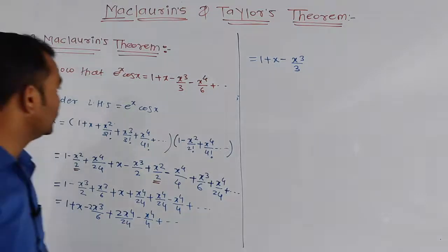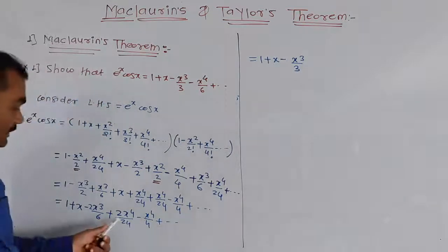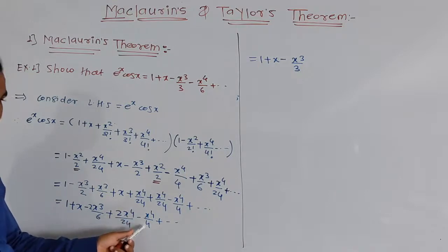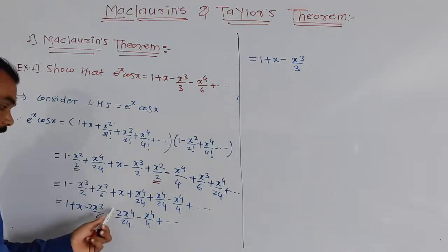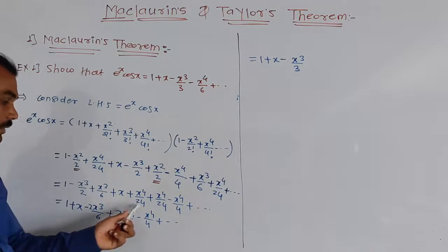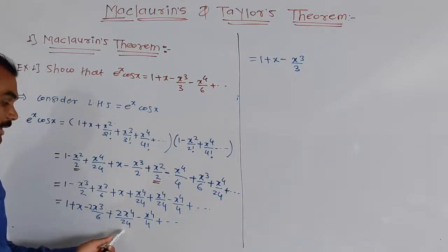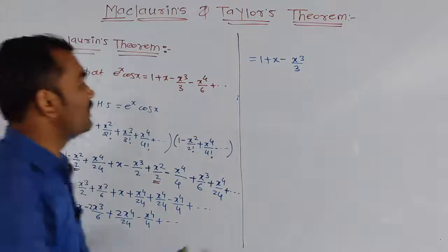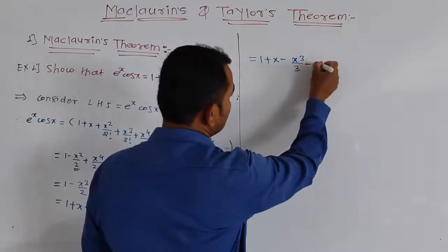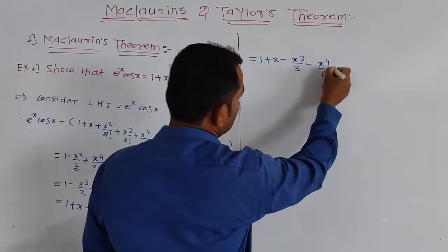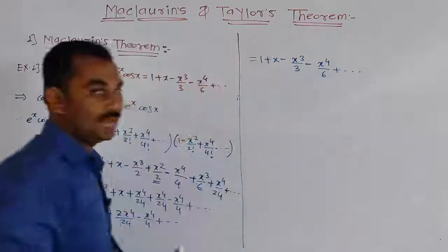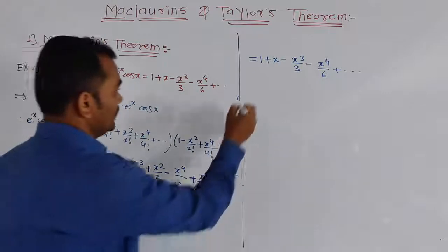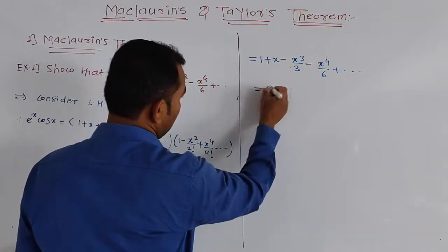Then we get minus 6 divided by 24. Minus 6 plus 2 gives minus 4, divided by 24, this is minus 1 upon 6, minus x raised to 4 upon 6 plus dot dot dot. Okay, and this is your RHS.